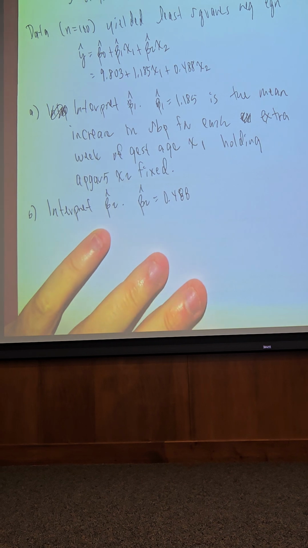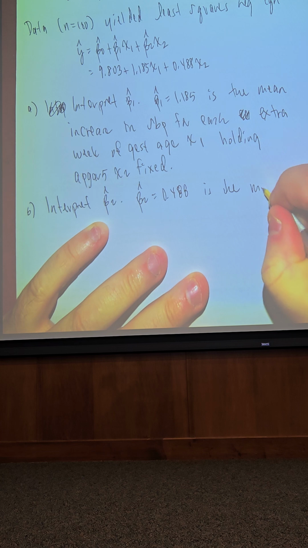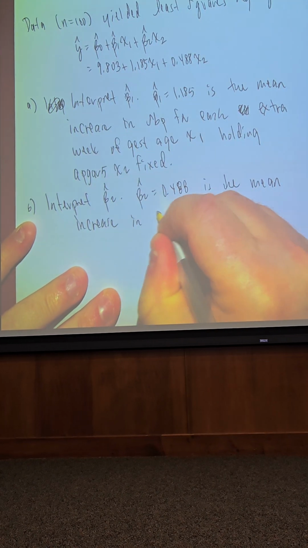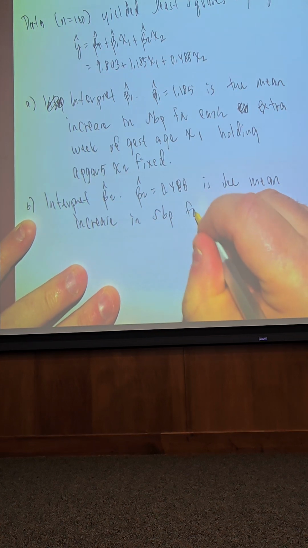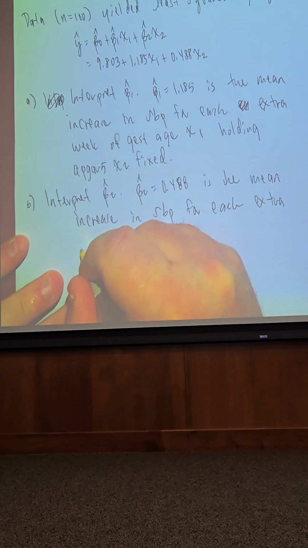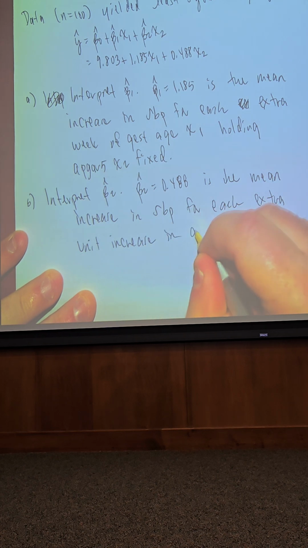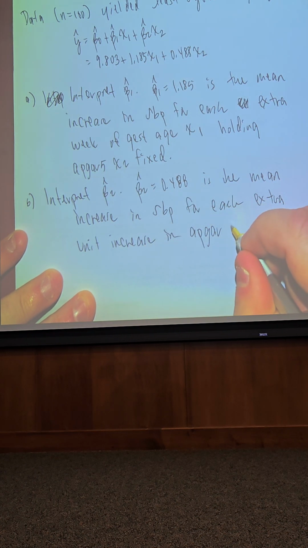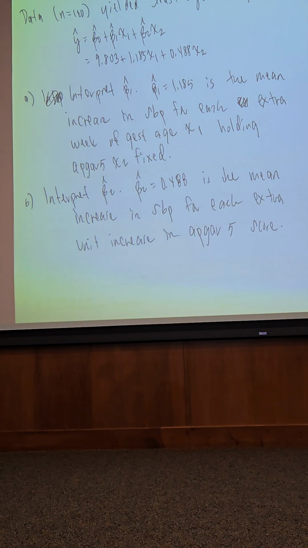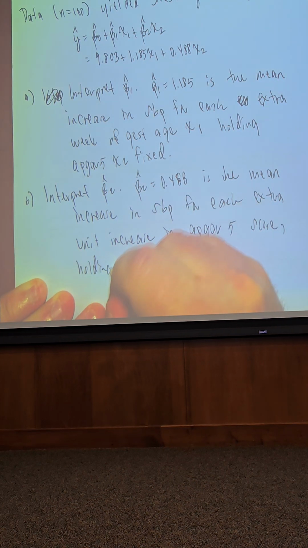So beta 2 hat is the mean increase in systolic blood pressure for each extra unit increase in the APGAR 5 score, holding gestational age fixed.